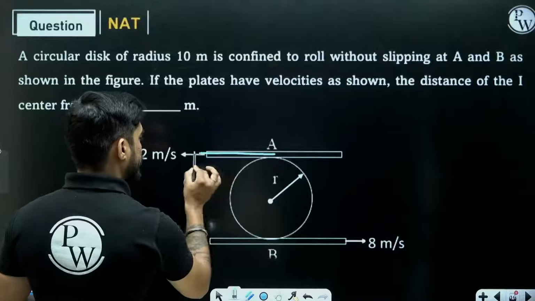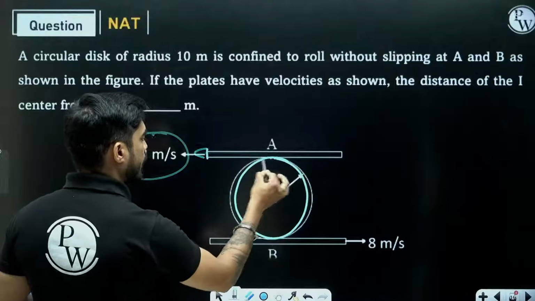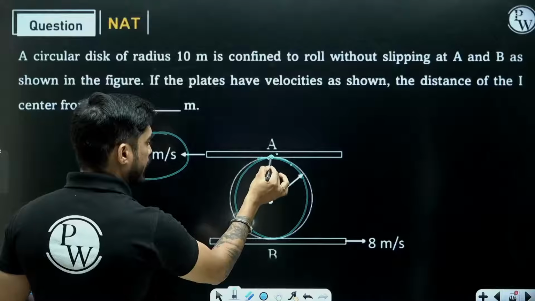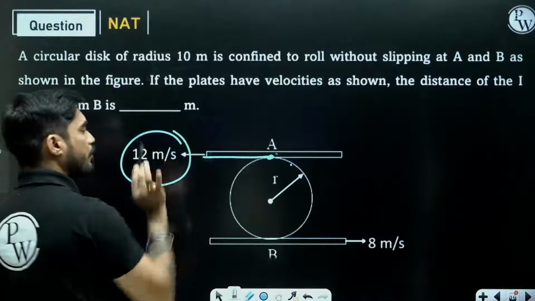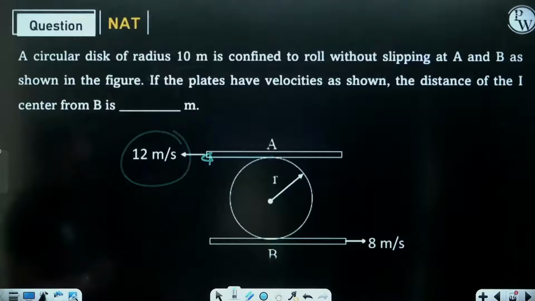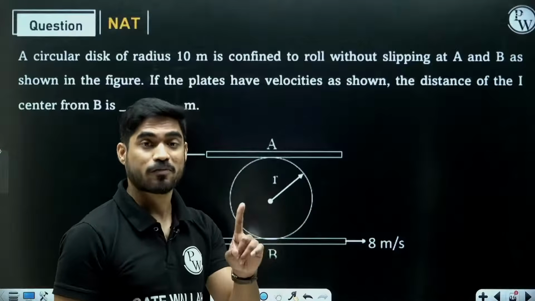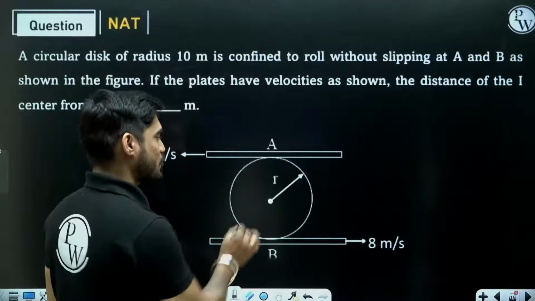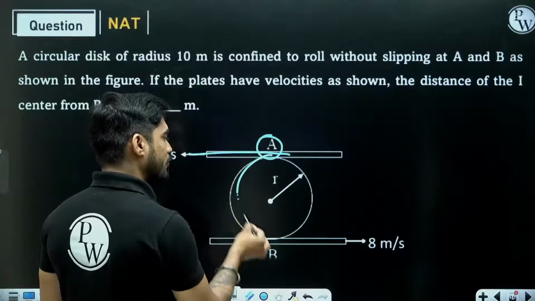The plate is moving at 12 meter per second and there is rolling without slipping between this plate and the wheel. So at this point, the velocity of the wheel will also be same, 12 meter per second, because relative velocity must be 0, na? Relative velocity means whatever will be the velocity of the plate will be the velocity of the wheel.